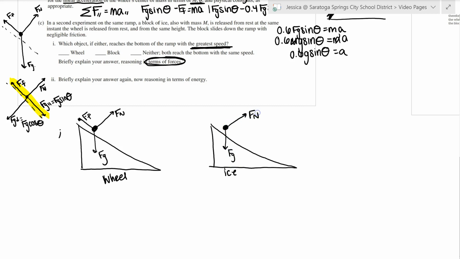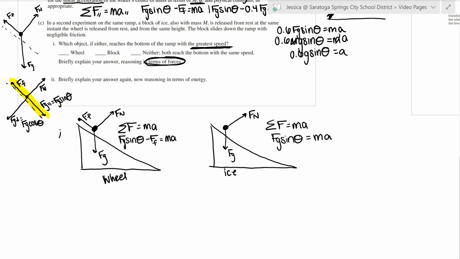So if I was to write out my net force equation for the parallel direction, the wheel would look like Fg sine theta minus the force of friction is ma, whereas for the ice, it would just look like Fg sine theta is ma.